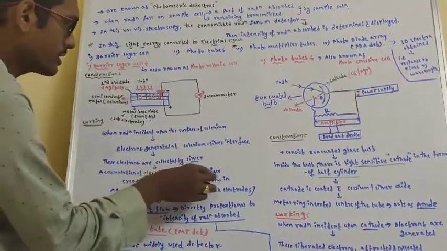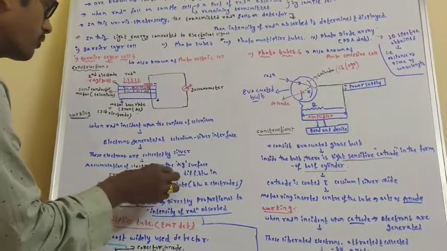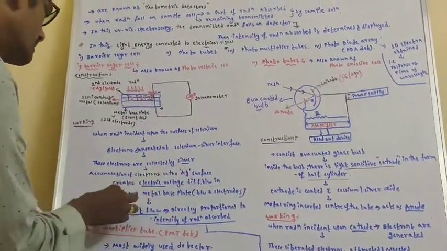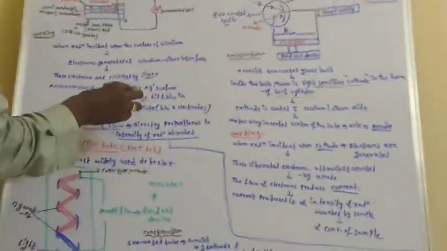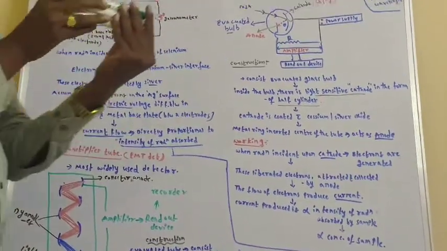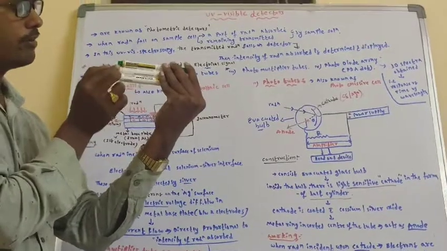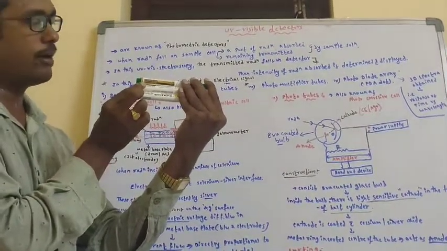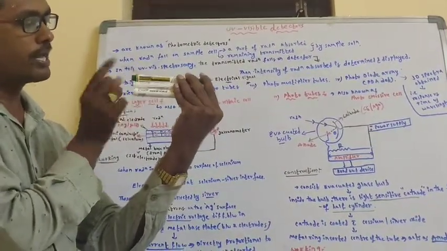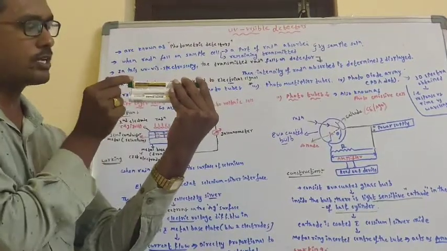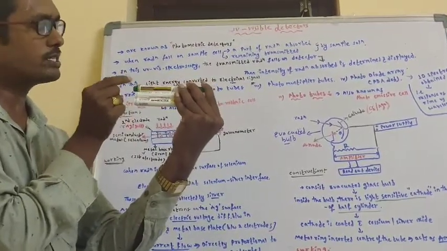Then accumulation of electrons on the silver surface creates an electric voltage difference between the silver surface and the metal base plate. Whatever electrons are formed from selenium will be attracted towards the anode, towards silver.